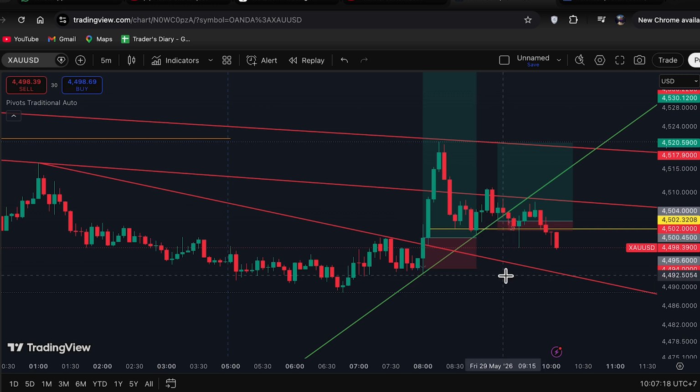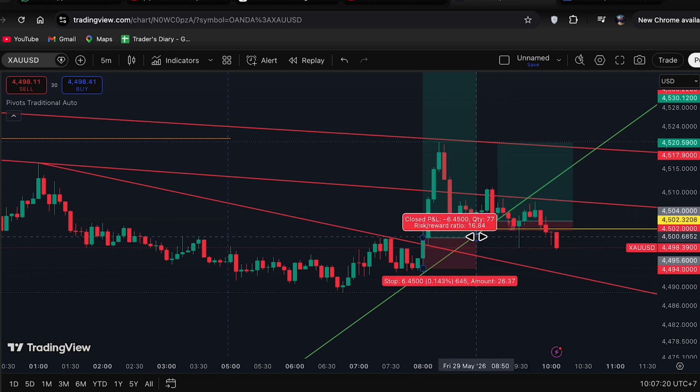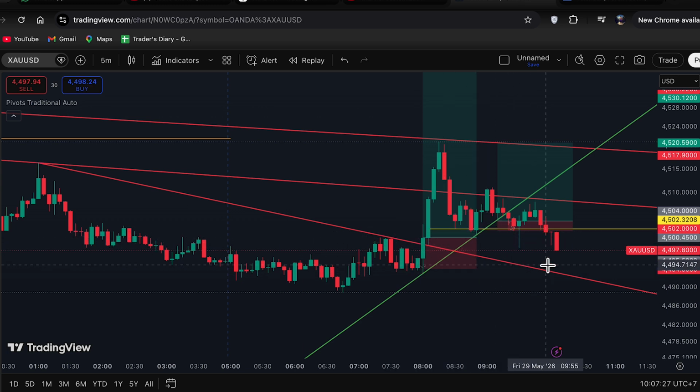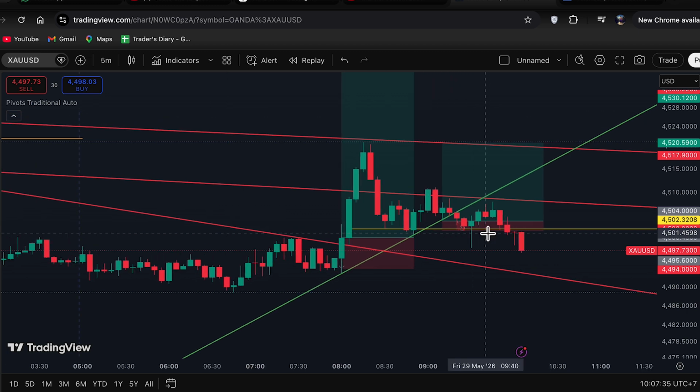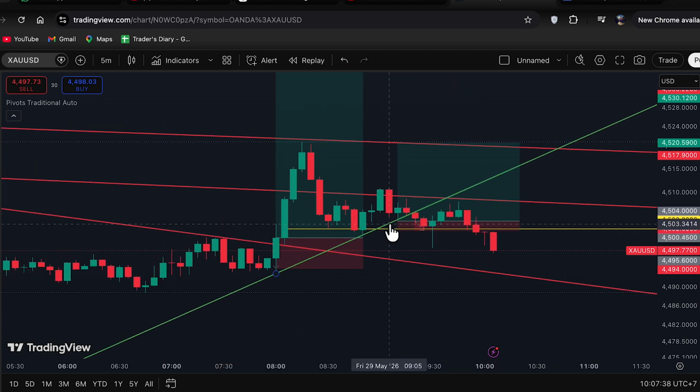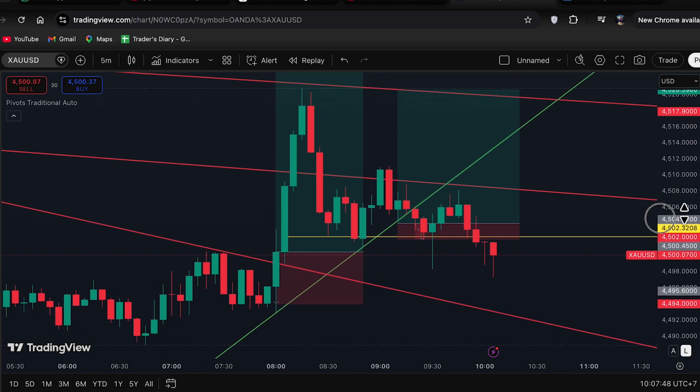After hitting my stop loss, the price bounced again on the green trend line, and then here it bounced again. Here in this point, it bounced again. So at this point I'm thinking, all right, let's take a bounce trade this time, on the green trend line.